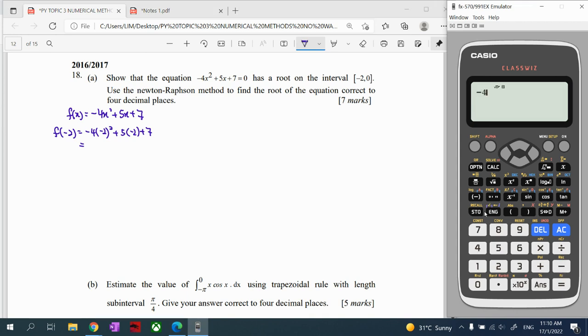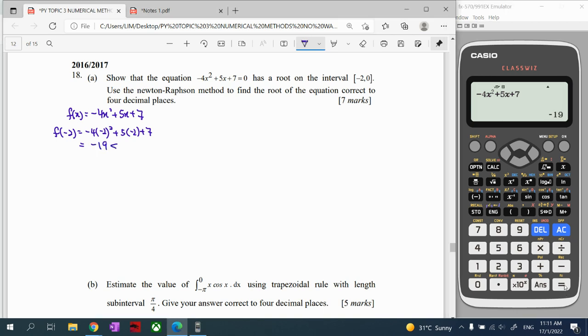Okay, if you like, for pressing the calculator we can also use the equation. So -4 alpha x squared, we press it in the equation, then we use the calculate function. Alpha x, then plus 7. Then we can use calculate. The first value we need to try is -2, equal. This is -19, negative. Then we try f(0).